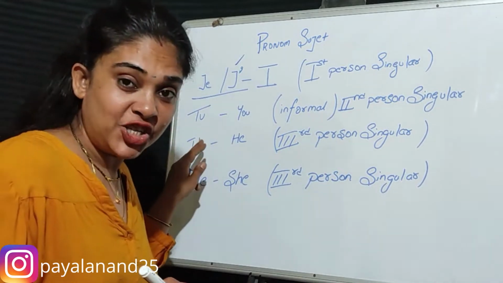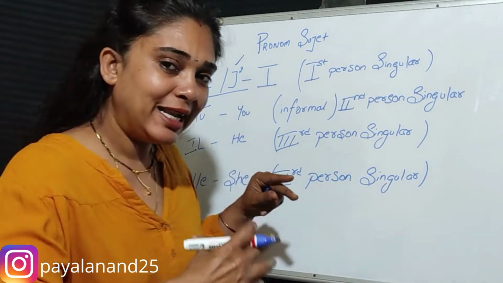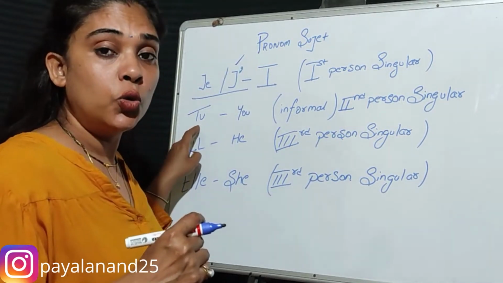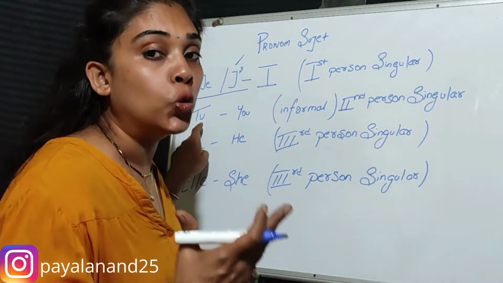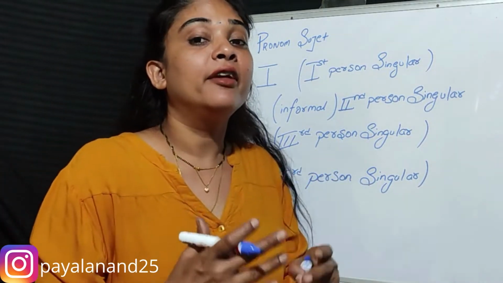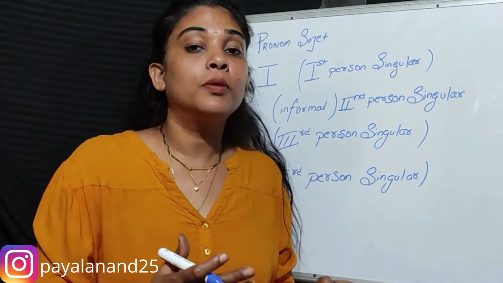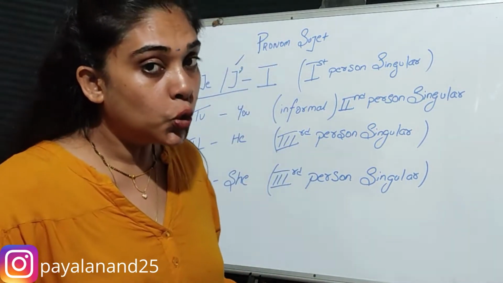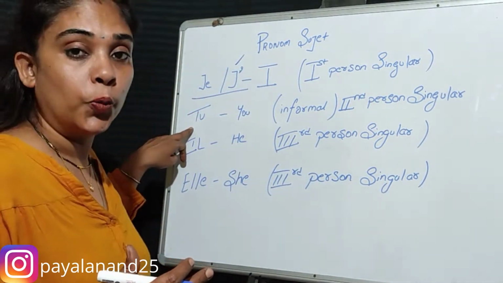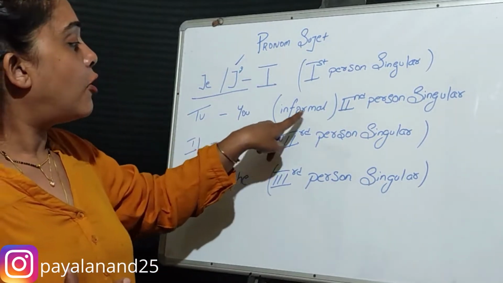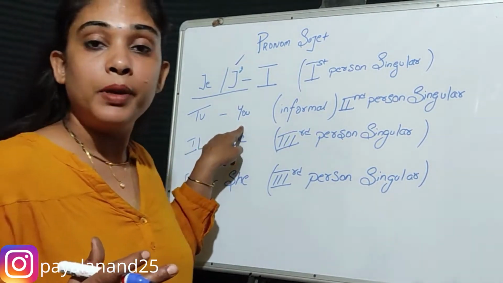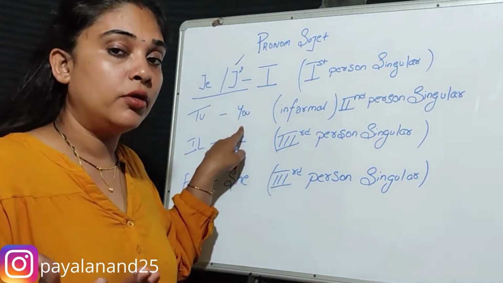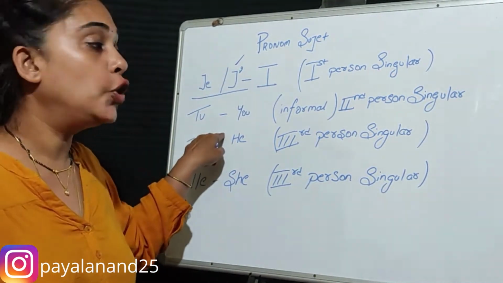But in French grammar, it goes quite like Hindi grammar. We use tu, as in Hindi, it's tu, whenever we are not giving respect to the person, or for a person who is younger than you. That's your tu. Informal tu: the people who are younger than you, or when calling your friends, you need to use tu.